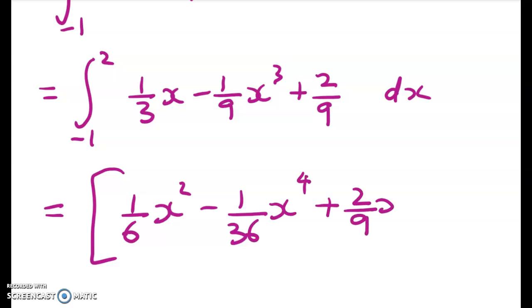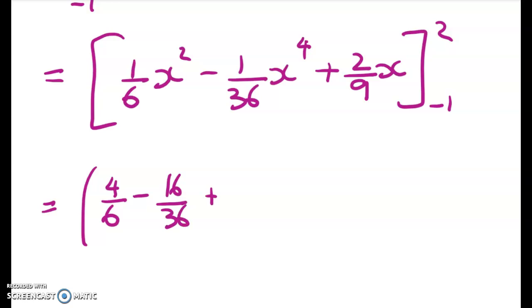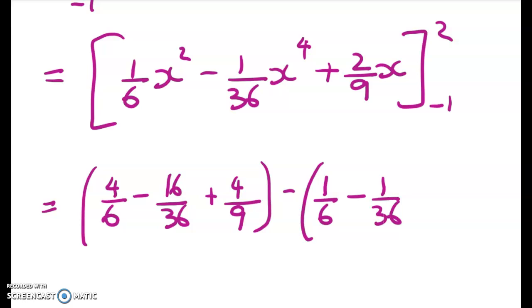So back to level 2 integration now, and be careful again with your limits. So substituting in here, we'll get 4/6 minus 16 on 36. It's really easy to muck it up at the very last step, and then you're going to end up with a merit, which would be a bit sad. So you're going to have minus 1/6 minus 1/36 minus 2/9.